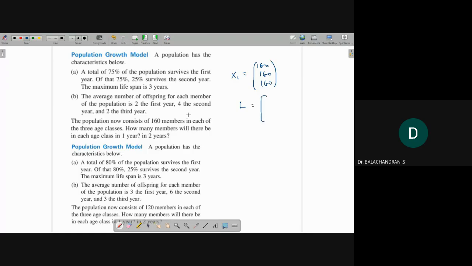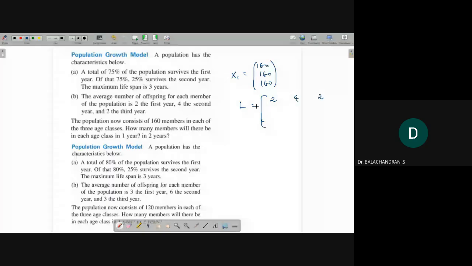The offspring. Yes. The average number of offspring per member of the population is 2 in the first year, 4 in the second year, 2 in the third year. So 2, 4, 2. And then P1, P2.